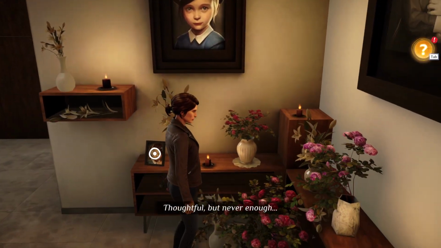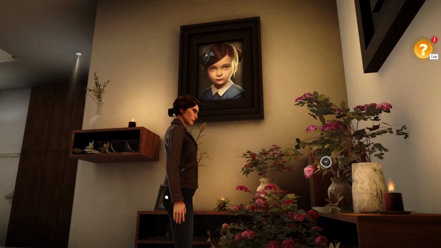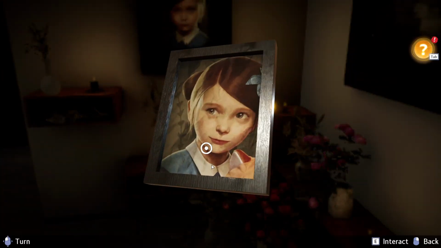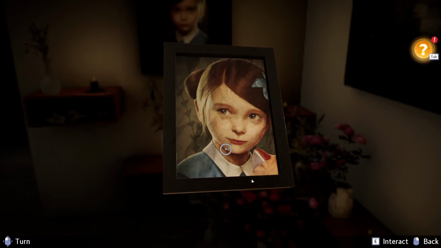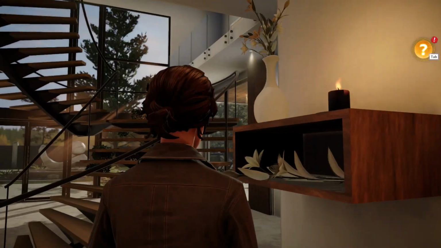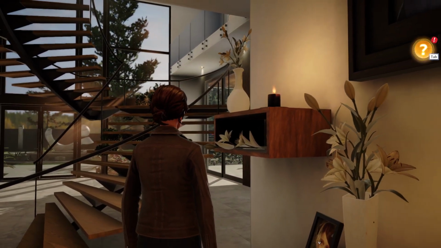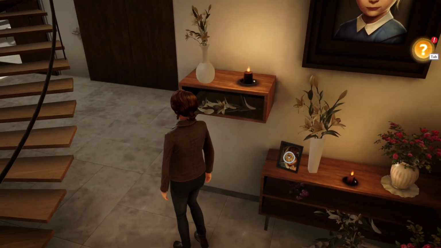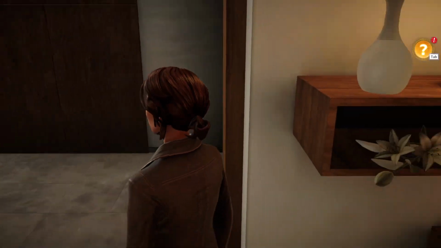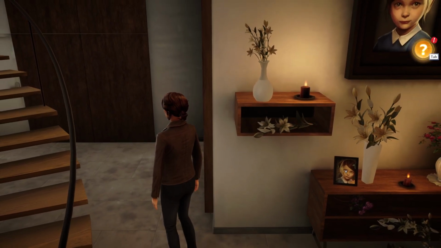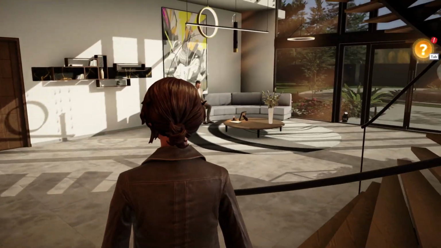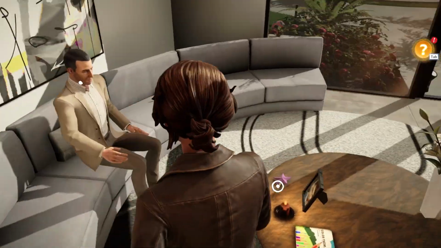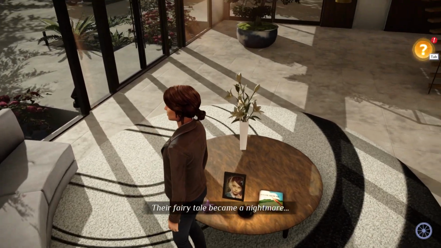Thoughtful, but never enough. What a dear child. Is the candle animated or not? I don't see. Yeah, it does. Nice. All right, let's go. Their fairy tale became a nightmare.